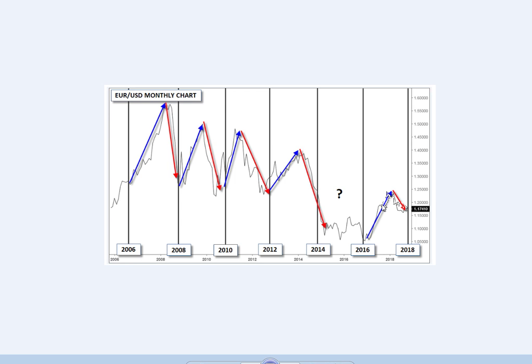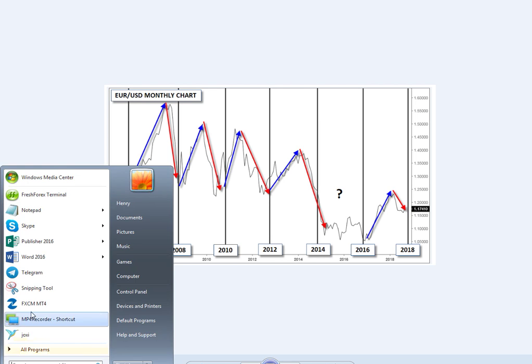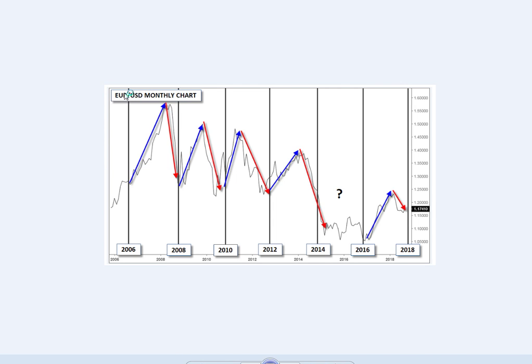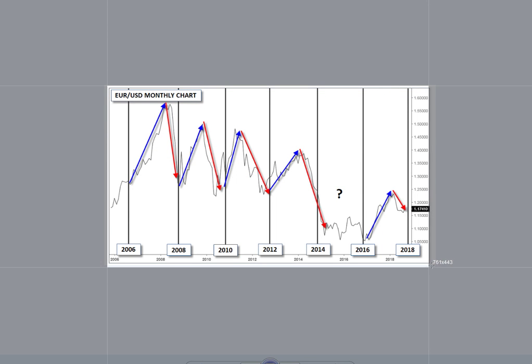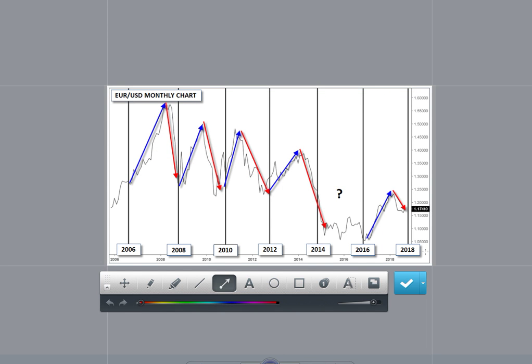So what do we expect this year, now that the midterm election has been held and the same thing has happened, that the president has lost congressional seats? What do we expect? We expect euro to rise up. Between 2018 and 2020, we actually expect something like this.